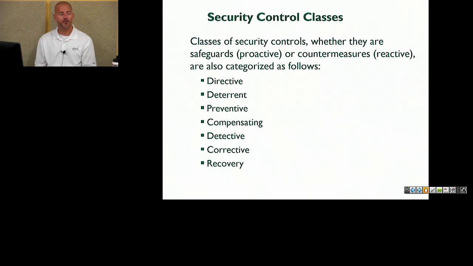Some of the security control classes that you need to be aware of can be either proactive or reactive in their model. If you think about the defense in depth model and your target symbol and the multiple layers, the further out you can get, the better, because then you can be more proactive.